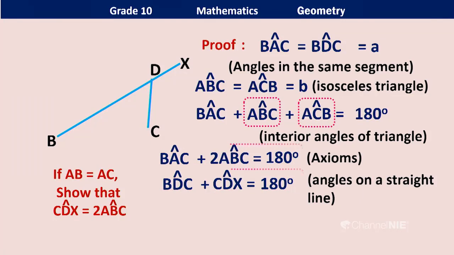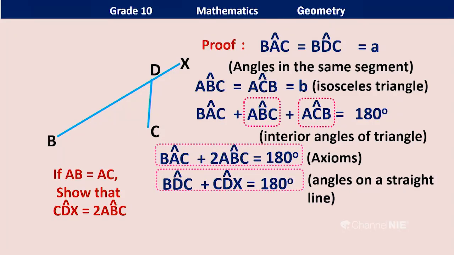Once again, have a look at these two equations. First, we got angle BAC plus twice angle ABC equals 180 degrees. Then I got angle BDC plus angle CDX is equal to 180 degrees. In both equations, I have got 180 degrees on my right hand side.